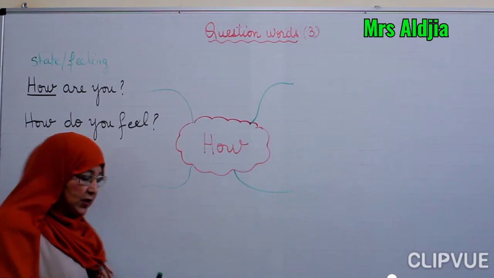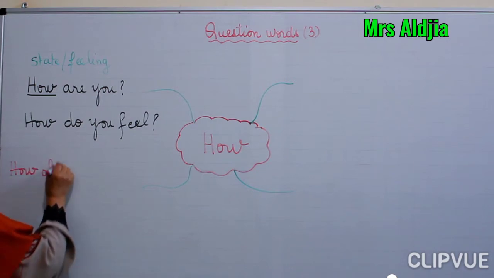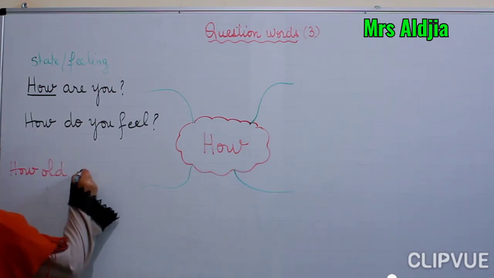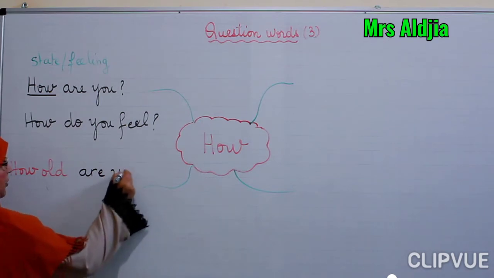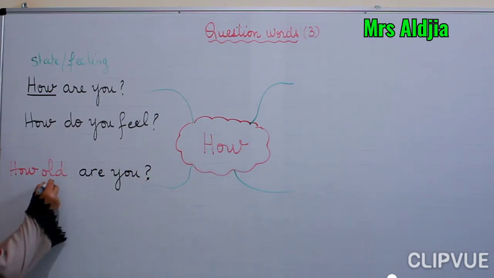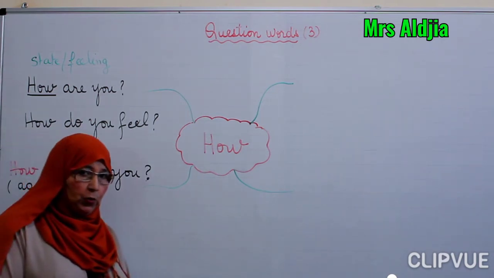For example, we use it with how old. Let me write it in red. Okay, so we have how old. How old are you? So we are asking about age. When we ask about the age, we say how old.